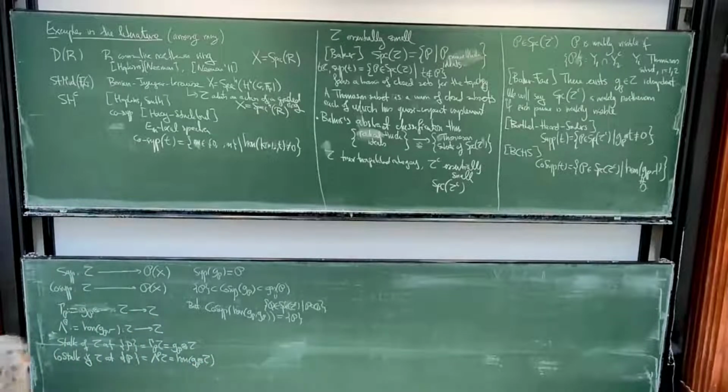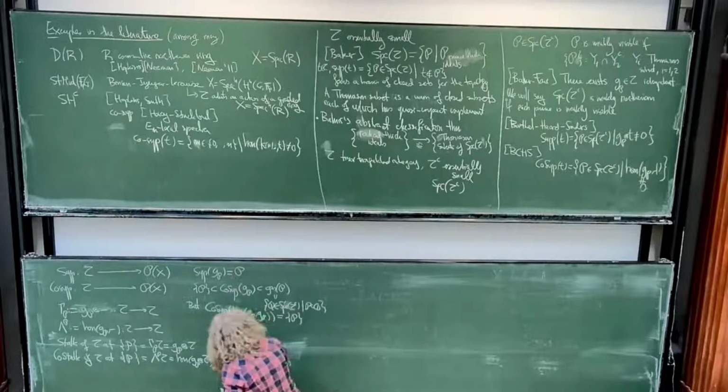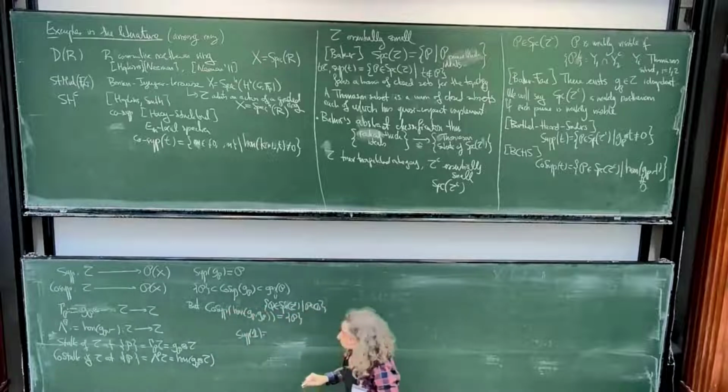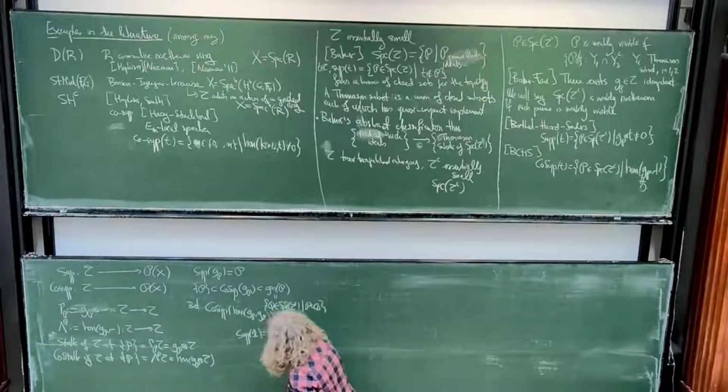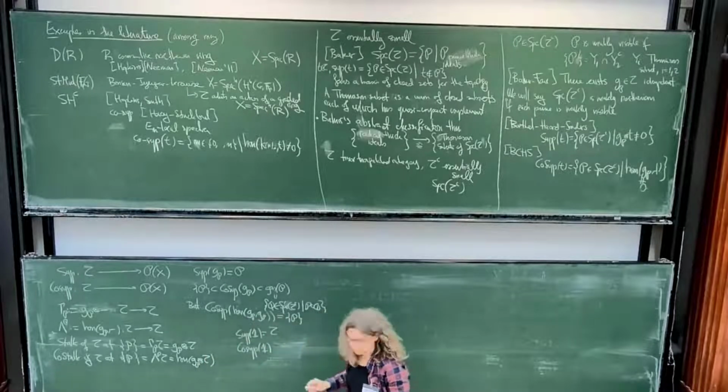Another difference that I wanted to point out is that the support of the unit is everything, but the cosupport of the unit behaves very differently. It doesn't need to be everything.